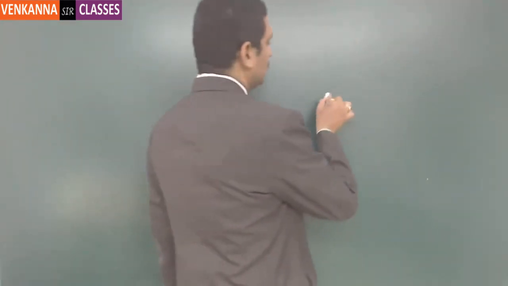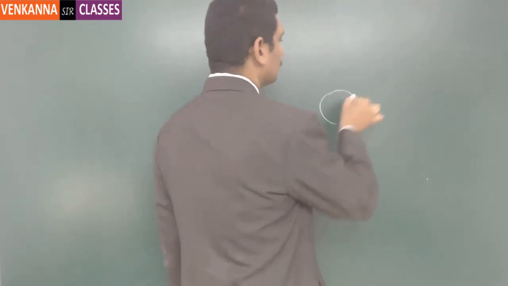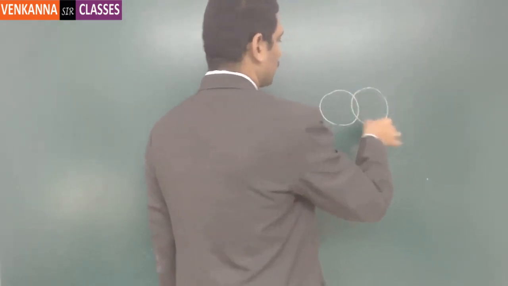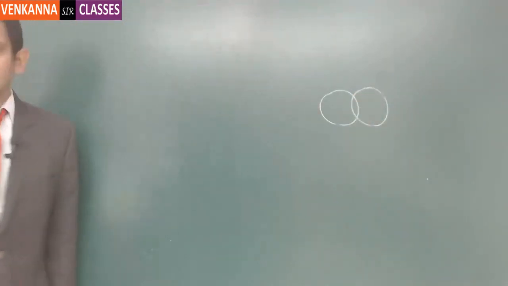Now, let us take some formal definitions, which will be interesting. Then we start discussing the problems. We know that whenever two spheres intersect, we will get a circle.